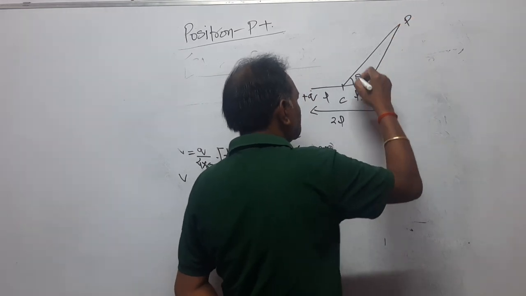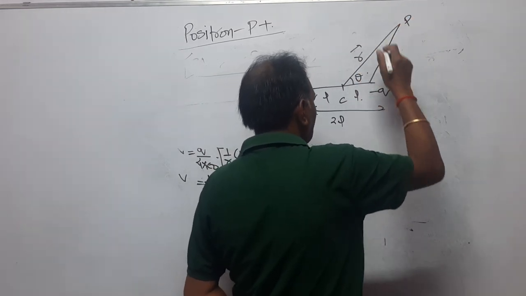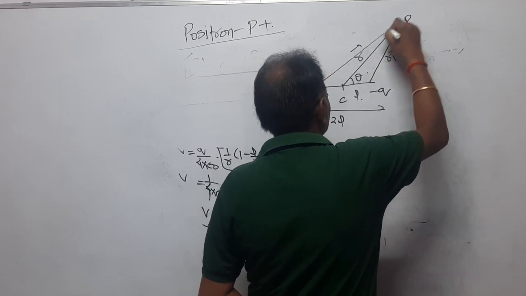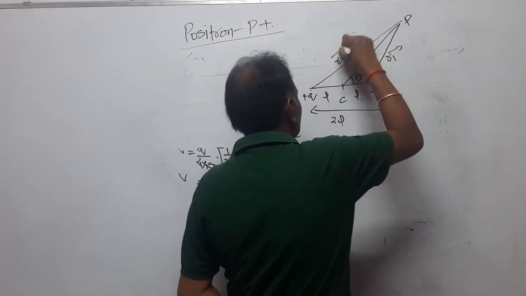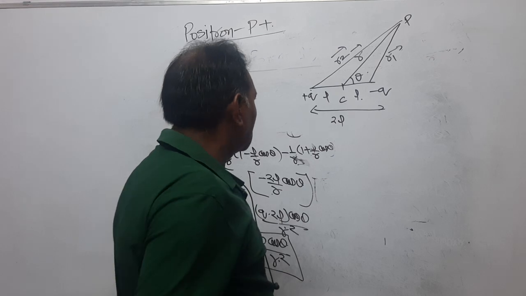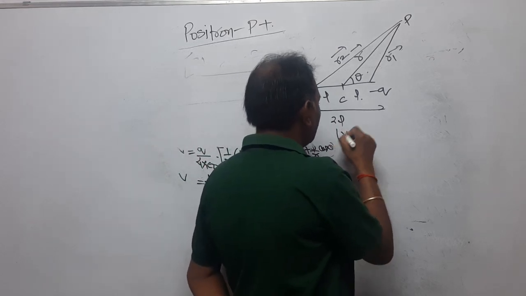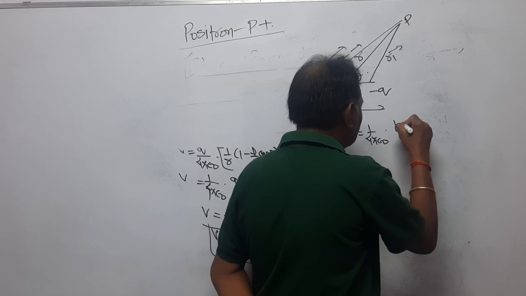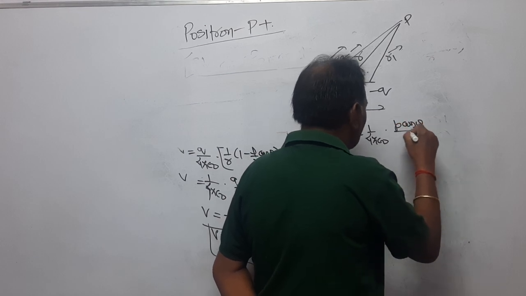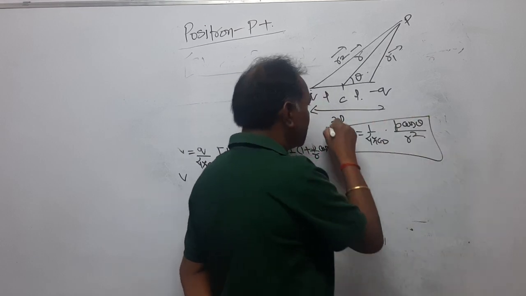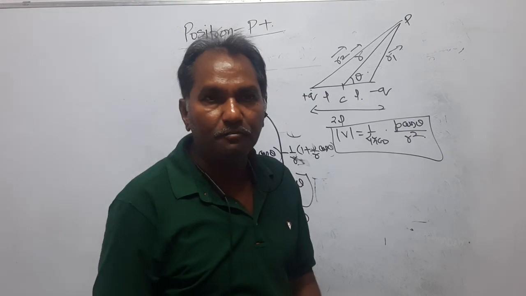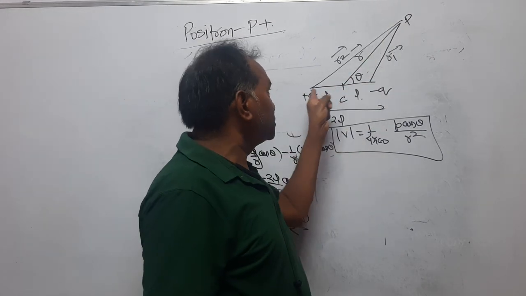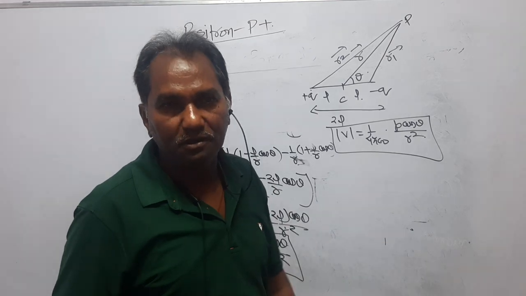This was position vector R, and this was R1, and this was R2. You have got mod of V is equal to 1 upon 4 pi epsilon naught P cos theta upon R square. This is the value of potential at point P due to electric dipole we have observed.